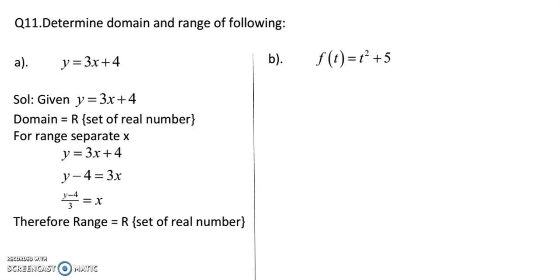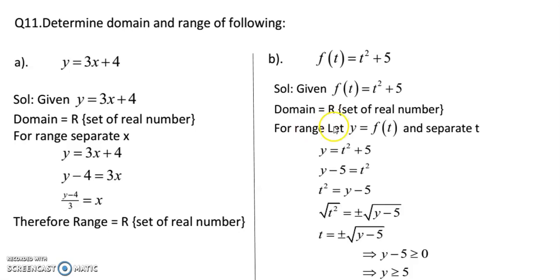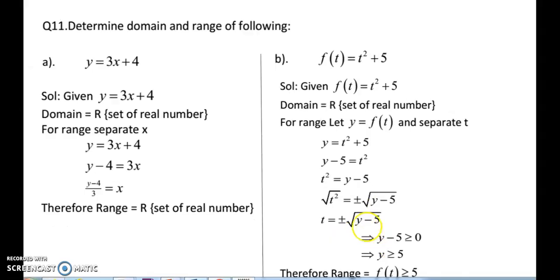Let's discuss this second part. Now how to find its domain? Since you can insert any value of t to get the output y, the domain of this function can be any real number. What about its range? You can equate y as f of t, then you have to separate this variable t. After separation, the value of t is plus minus the square root of y minus 5.